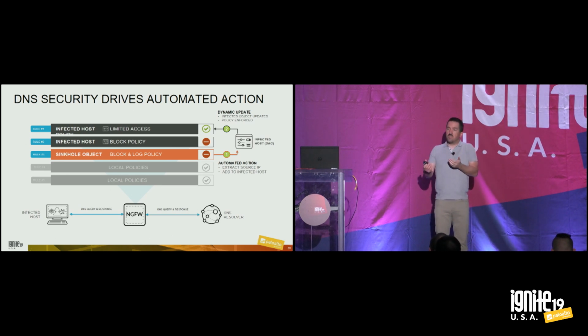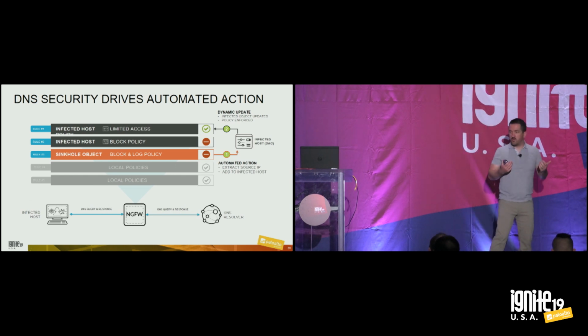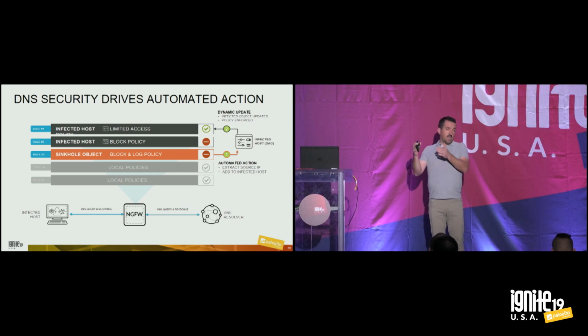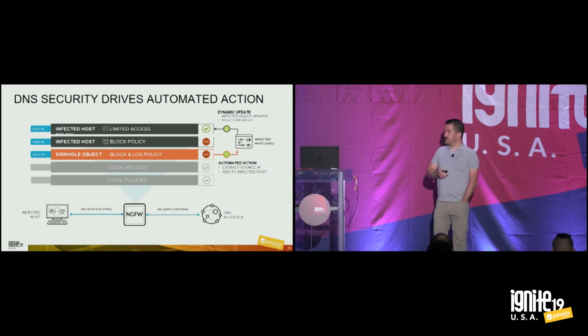However, if we don't see that anymore, for example, a user accidentally pinged a command and control domain or clicked on a link he was not supposed to click on, that endpoint will fall out of that dynamic address group because that IP tag will expire, unless we see additional malicious activity, and everything goes back to normal. Very important functionality we added there.